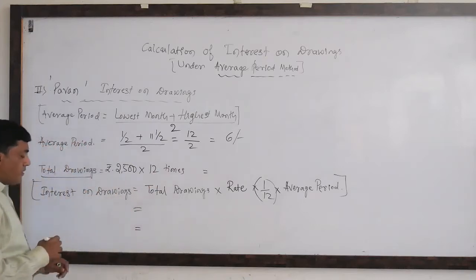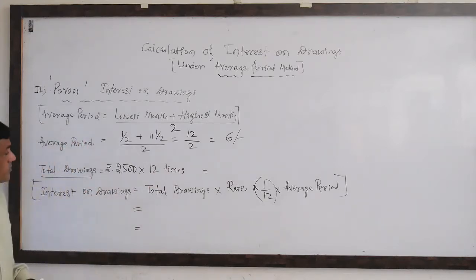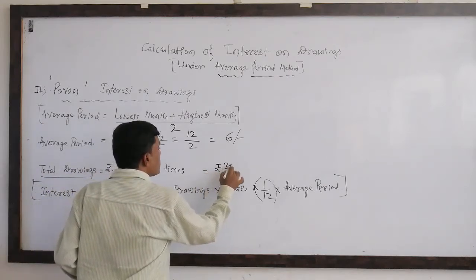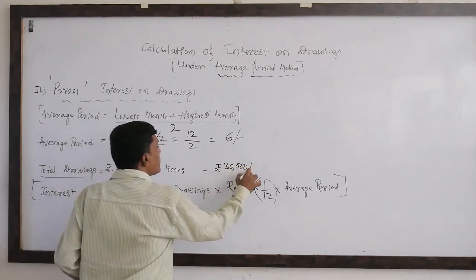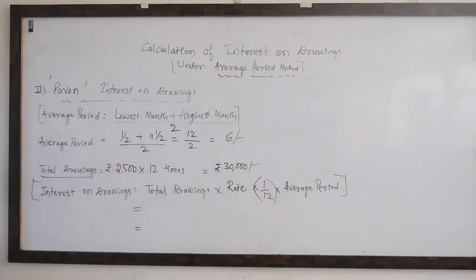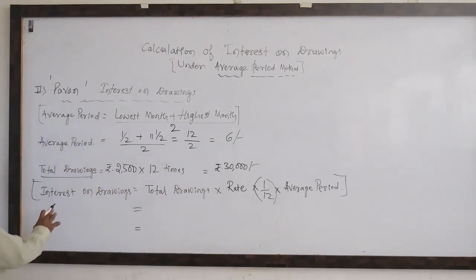That is the reason we need to calculate the total drawings. Total drawings of rupees 2,500 into 12 times, so you can get rupees 30,000. Rupees 30,000 is the total drawings made by Mr. Pawan.